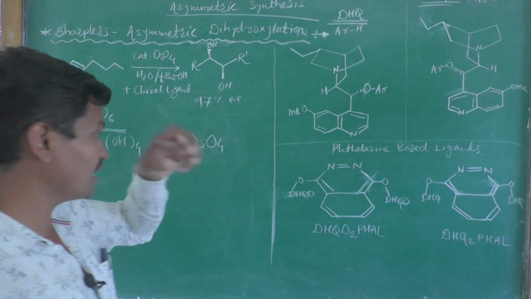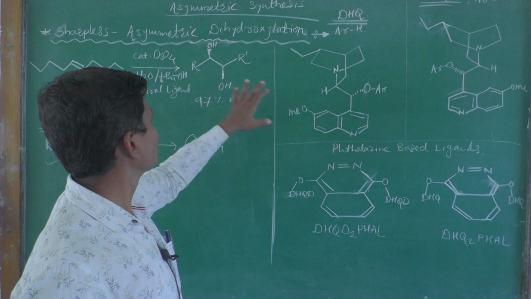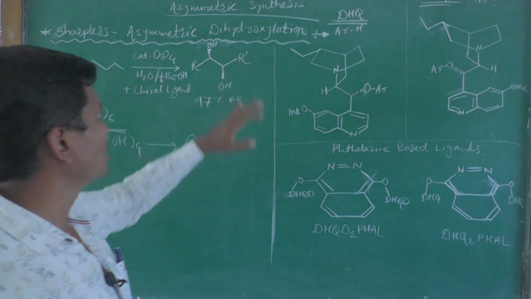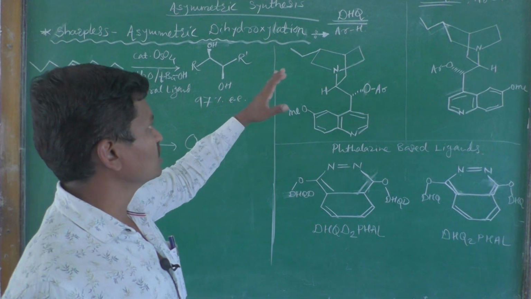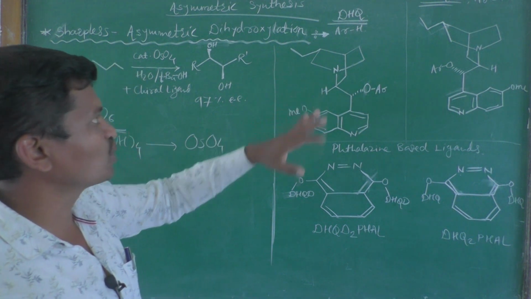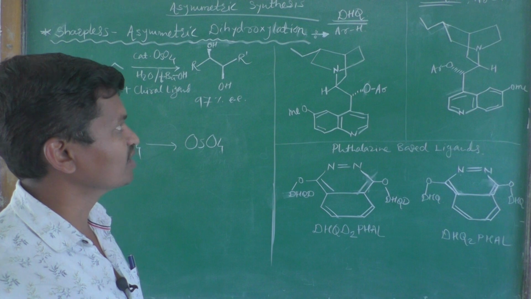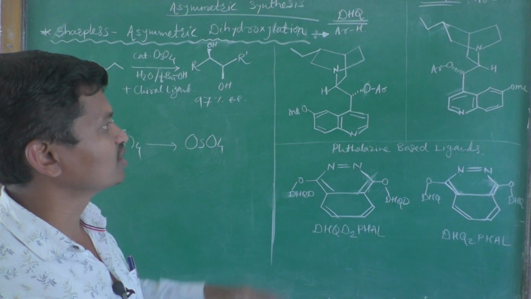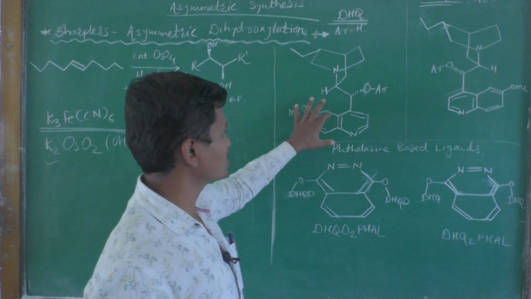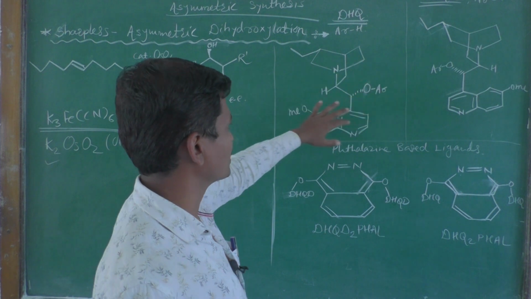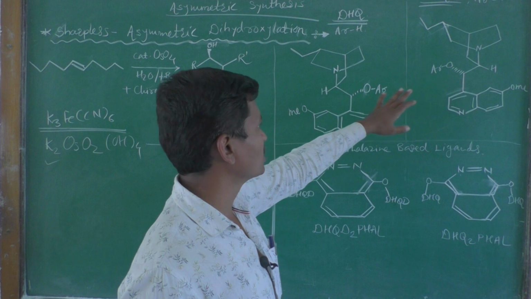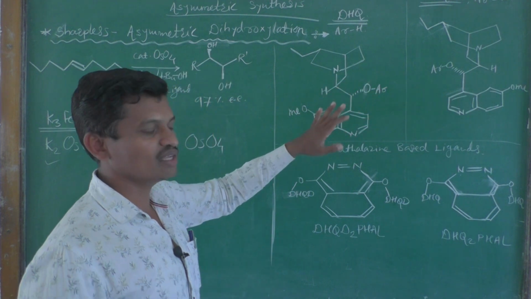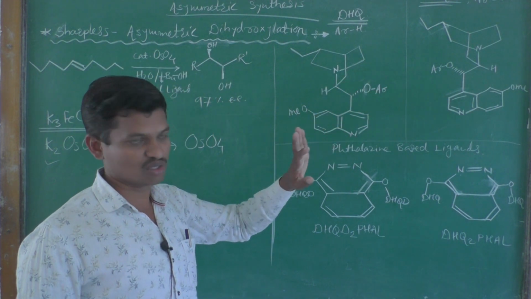These are the chiral ligands that Sharpless used for this asymmetric dihydroxylation reaction. See these dihydroquinine and dihydroquinidine, these are the structures of these two chiral ligands. When we look carefully at these two molecules, they are not actual enantiomers of each other.